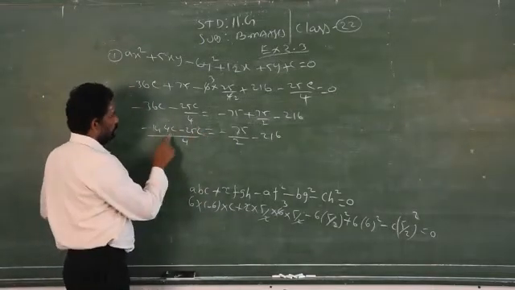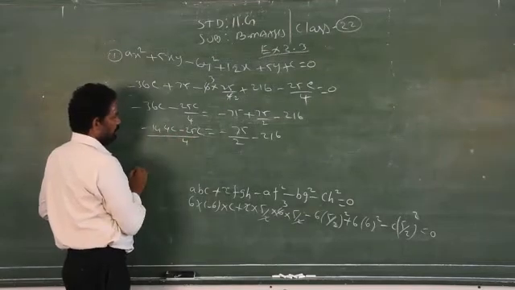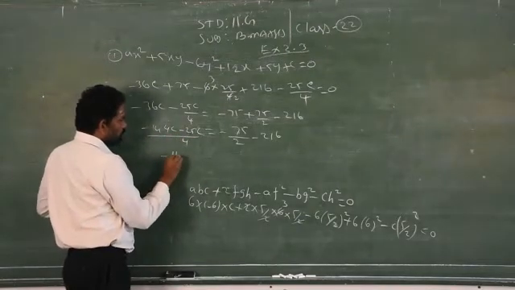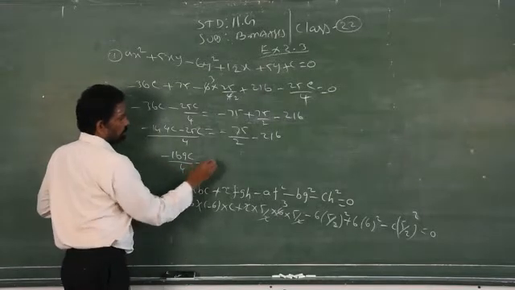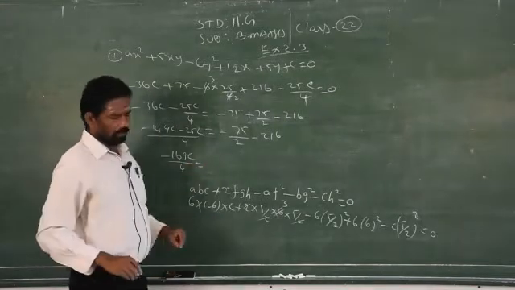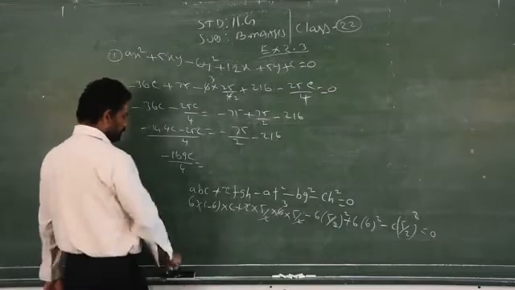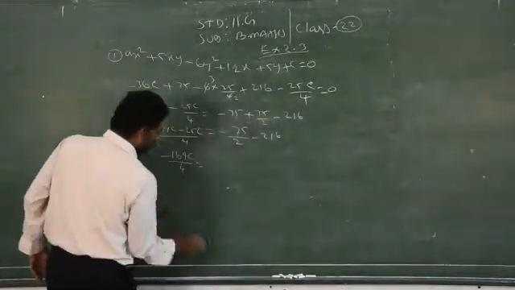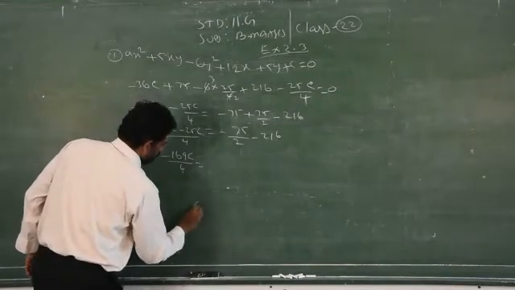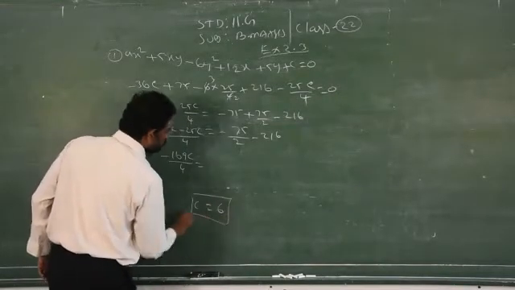You have 144 minus 25, which will give you minus 1969c by 4 is equal to this answer. From that you find the value of c, and your answer will be c is equal to 6.